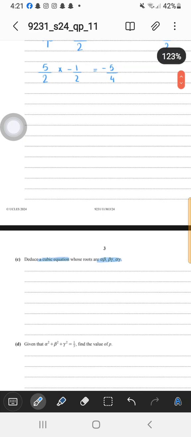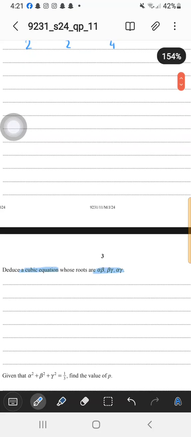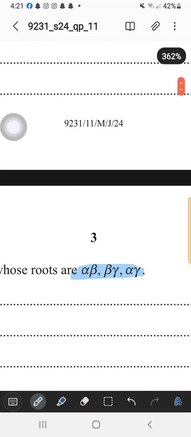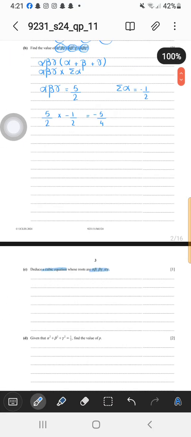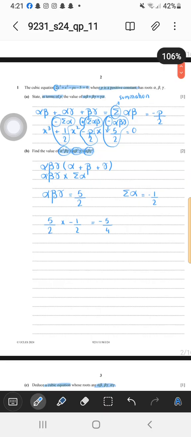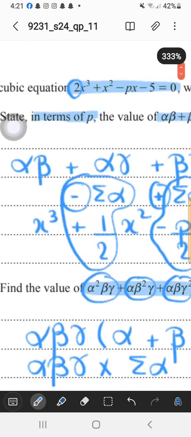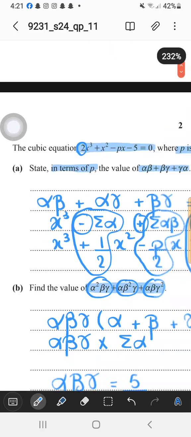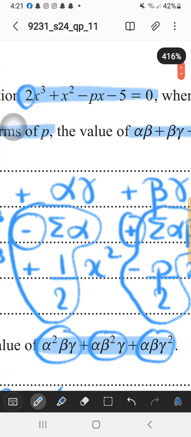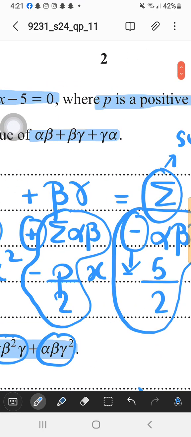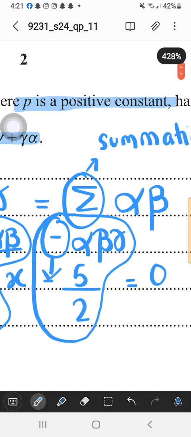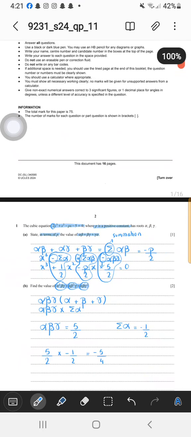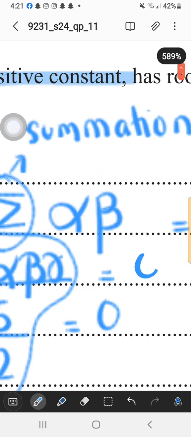So now we have to form another cubic equation whose roots are alpha beta, beta gamma and alpha gamma. We notice that a cubic equation is structured as x cube minus summation of alpha plus summation of alpha beta minus alpha beta gamma, is equal to 0.